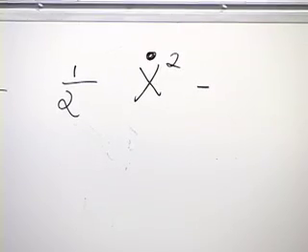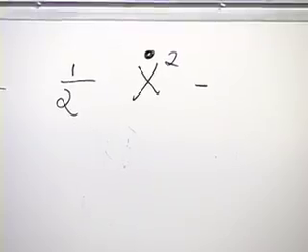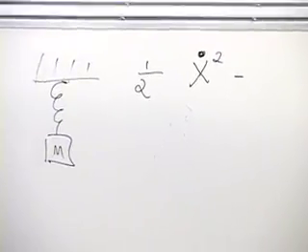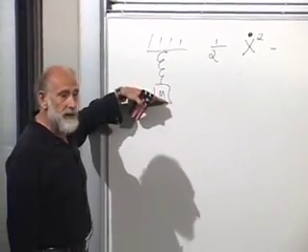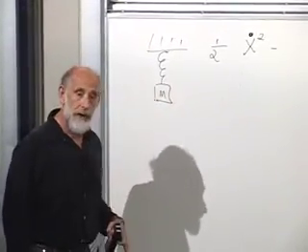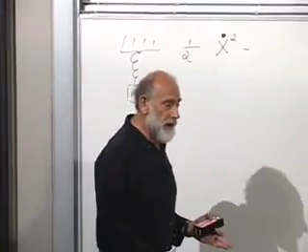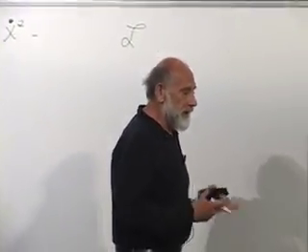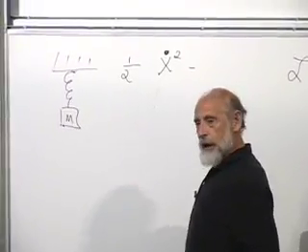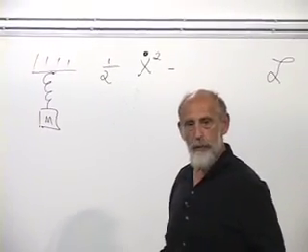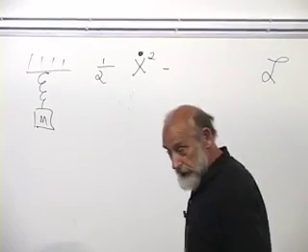What is the potential energy when you displace an oscillator away from its equilibrium position? Well, it increases if you displace it one way. It increases if you displace it the other way. In either direction that you displace it, the potential energy increases. That's why it tends to come back to the origin. And so the natural expression is proportional to the square of the displacement.